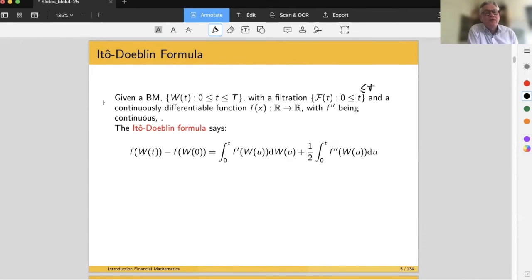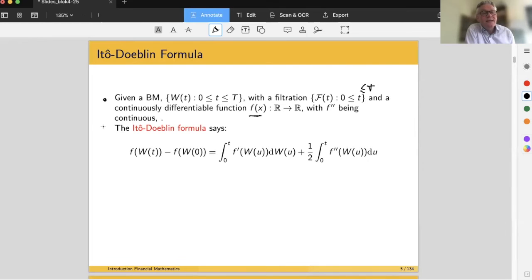So given a Brownian motion W_t, t running from 0 to capital T, and a filtration F_t, t between 0 and capital T again. And now suppose we have a continuously differentiable function f(x), a function of one variable only, x. It goes from R to R, and the second derivative is continuous.